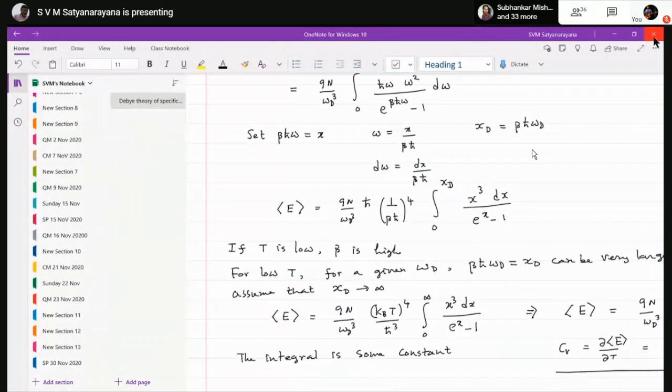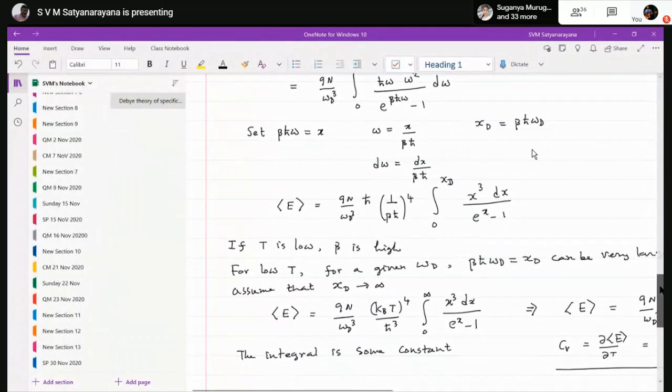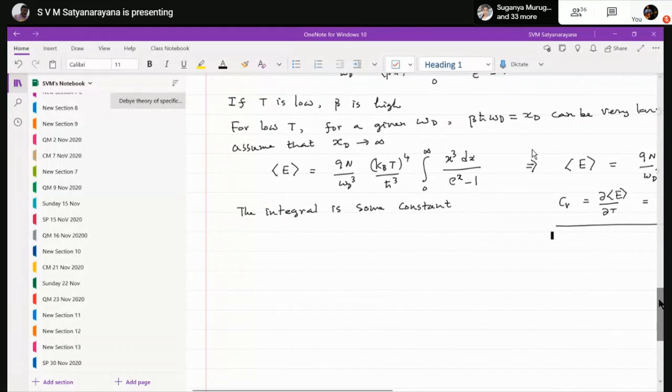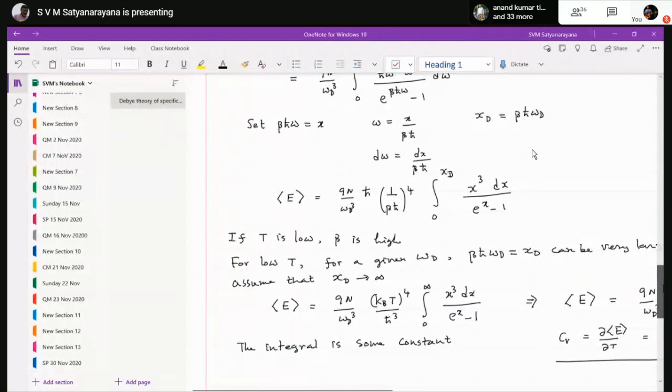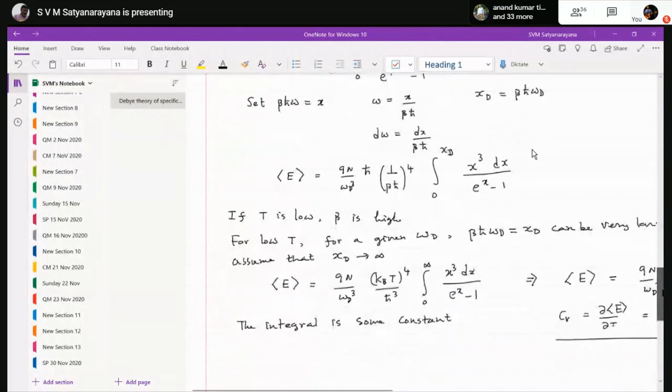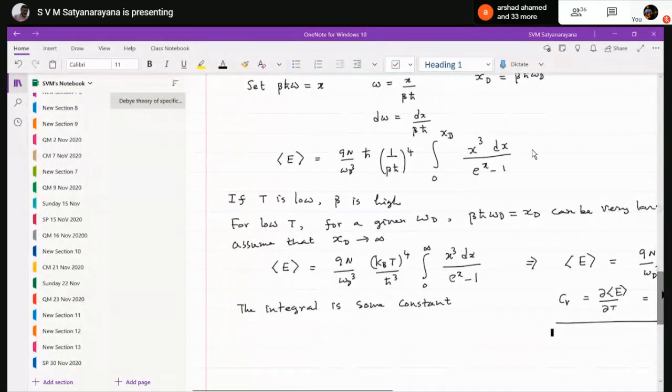This is what is called Debye theory, and it is not necessary to evaluate this integral because it is not going to be a function of temperature.